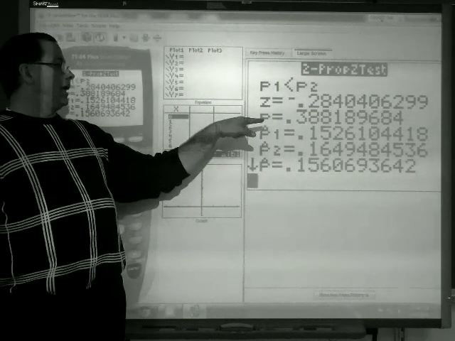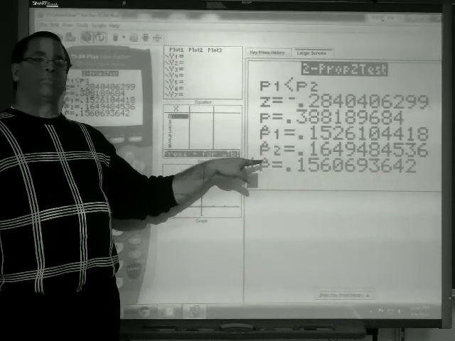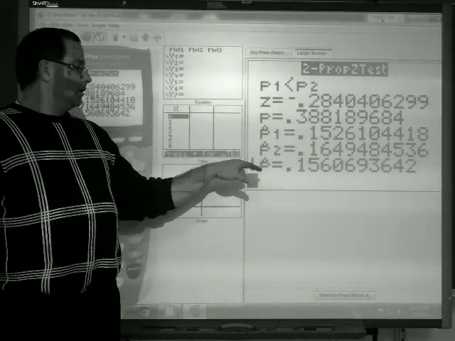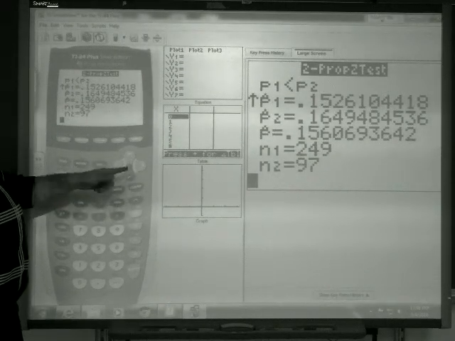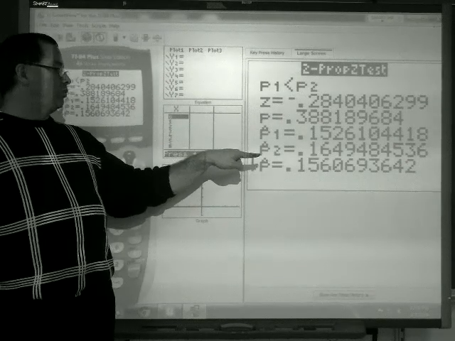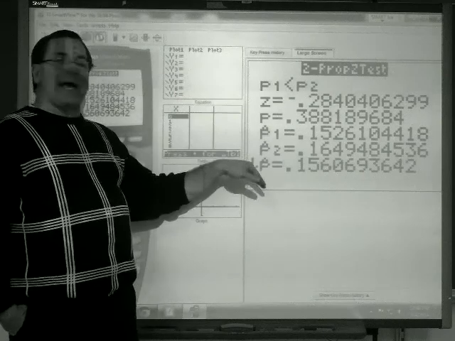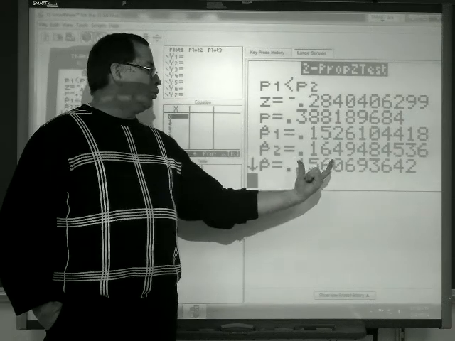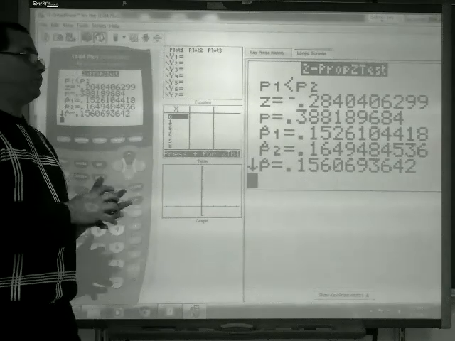Notice it gives us a P1 hat, a P2 hat, and this is our pooled P hat. And if I scroll down, because it's saying, hey, there's more, it gives me N1 and N2. Don't really need N1 and N2, but this is the important pooled P hat to make sure it matches what you had. So you could run the test, go back in and put this pooled P hat value into your formulas, as long as you state what pooled P hat is.